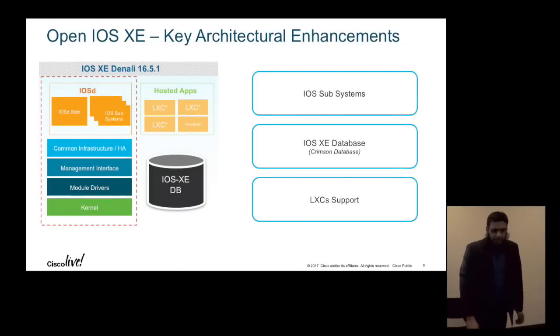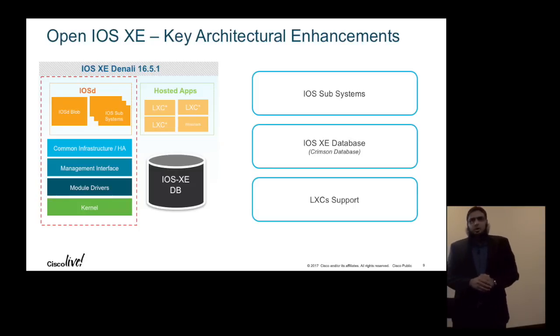Okay, now the third thing here is the software piece. We have talked about the hardware piece, but the hardware is not going to work without good software. If you look at the software on the Catalyst 9K, it is IOS. But if you look at the history of IOS, it goes back all the way to the 1980s when Cisco started.